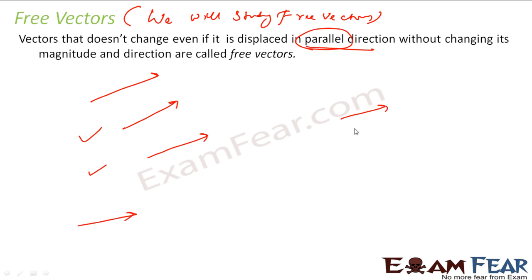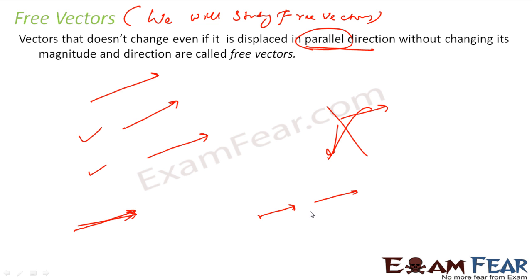If you make it like this, they are not the same, but if they are parallel, you move it in any direction, from here to here, it's the same. The origin doesn't matter. The starting point doesn't matter. What matters is the direction and the magnitude.